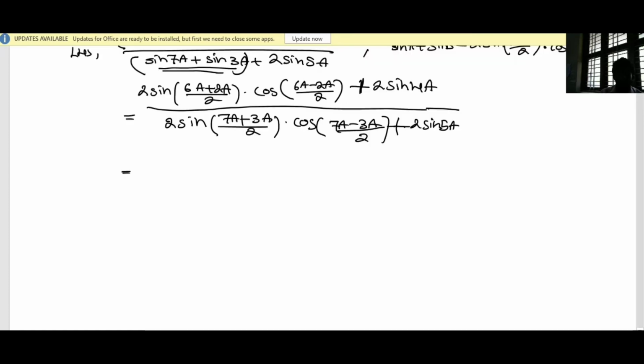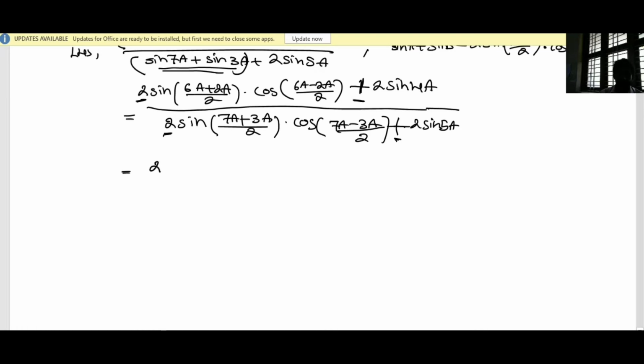See, it's equal to, now again an important observation: it's not possible to cancel this 2 and this 2 because here in the middle a sum is there, right? Plus is there. So you need to simplify, then only you can cancel 2 if possible.